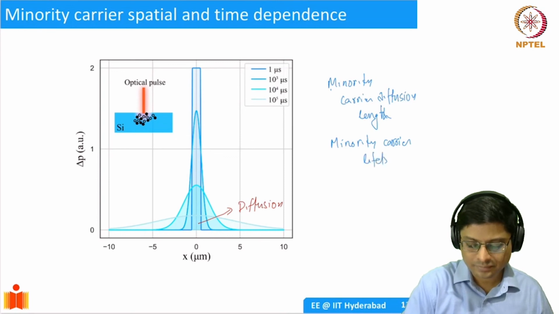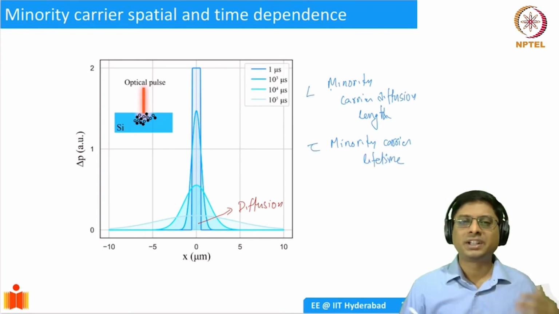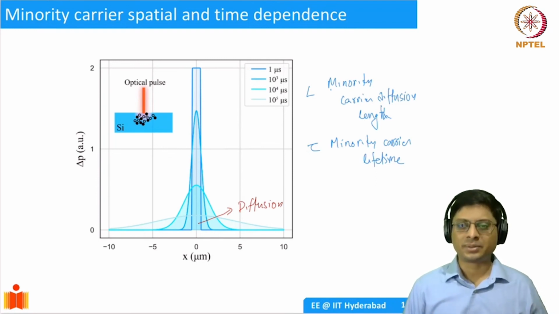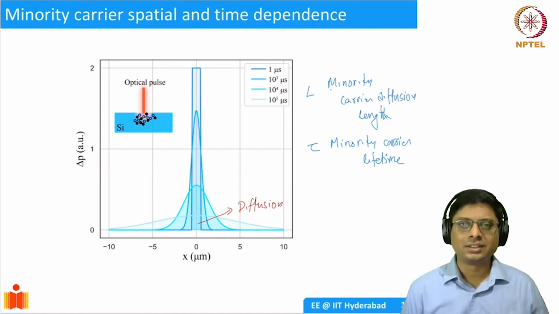This we called tau and this we called L. If you're talking of a p-type semiconductor, you talk of tau n and ln, and vice versa for an n-type semiconductor. All right, with that, I would like to stop.